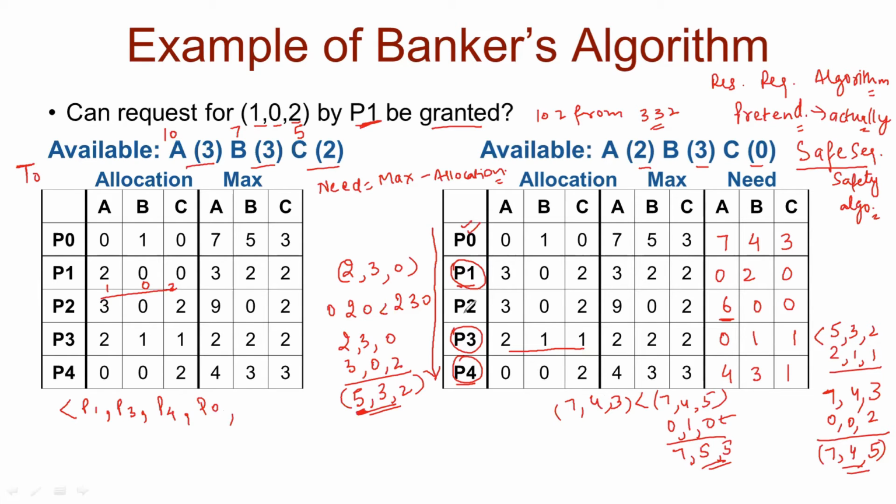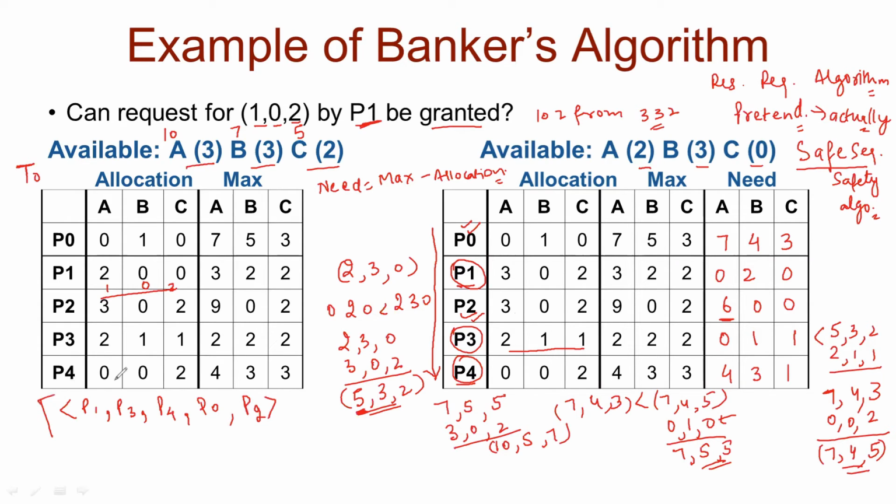Now P0 is also done. P2 now has its need less than the available. So P2 will execute and release all the resources it was holding, which is 3, 0, 2. Adding these resources, the available now becomes 10, 5, 7. So P2 is scheduled last.